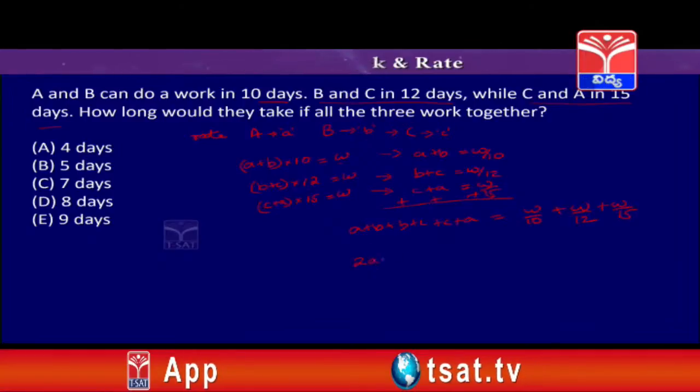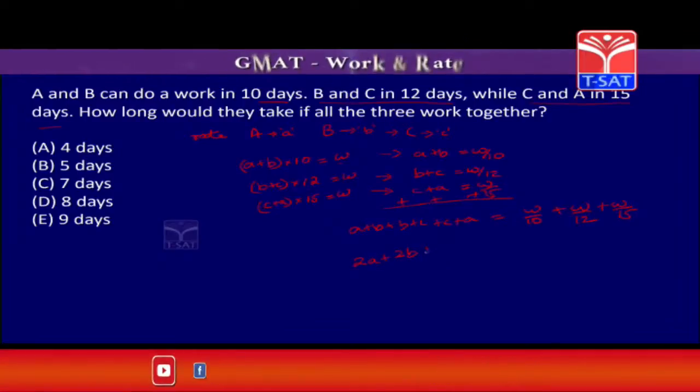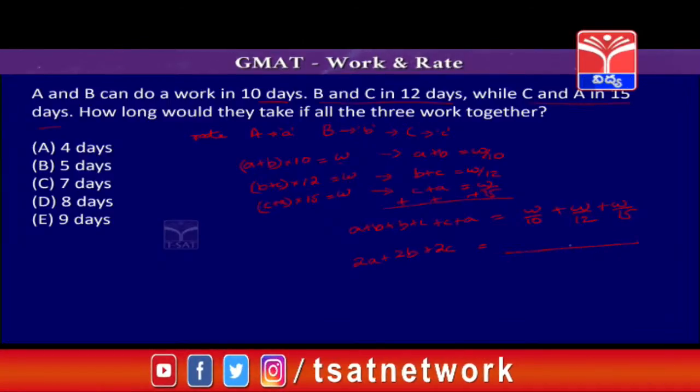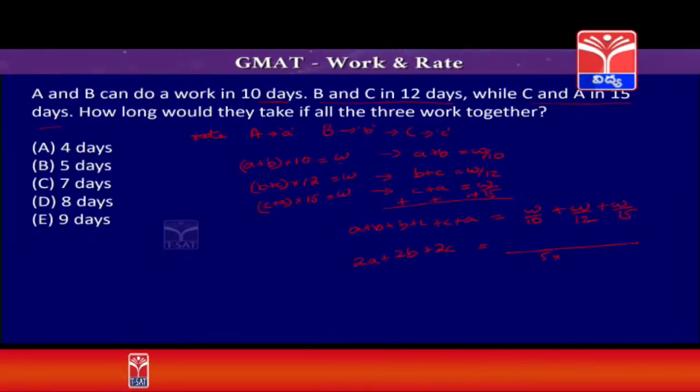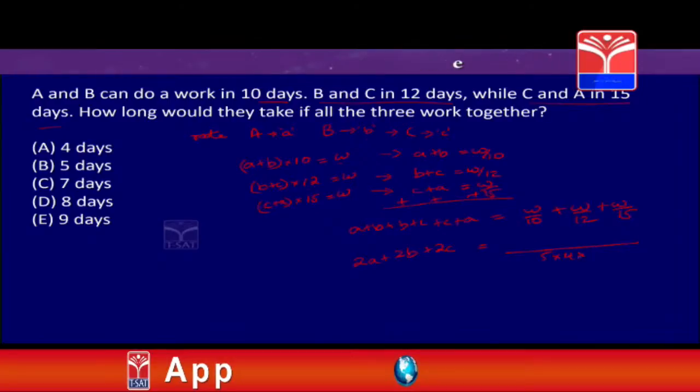So you have 2A plus 2B plus 2C is equal to, here let's take the LCM. This is 2 into 5, this is 4 into 3, and this is 3 into 5.